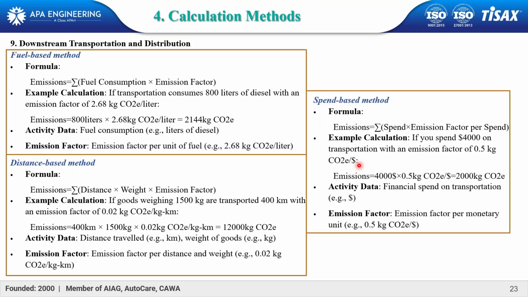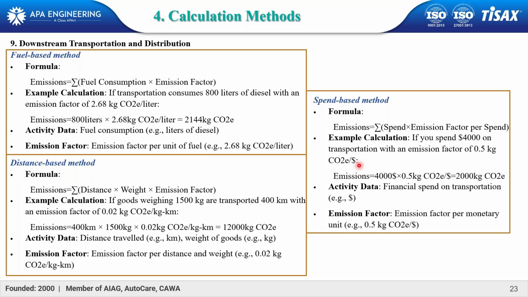So moving to downstream emissions. This is also the same as the upstream transportation and distribution. The fuel-based method requires the amount of fuel consumed, and the formula is the same as before.